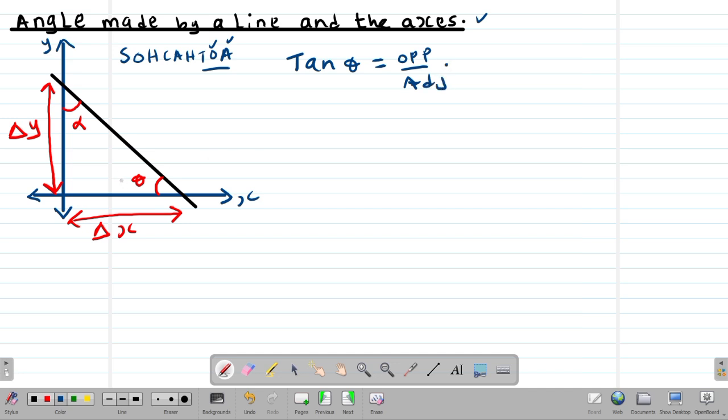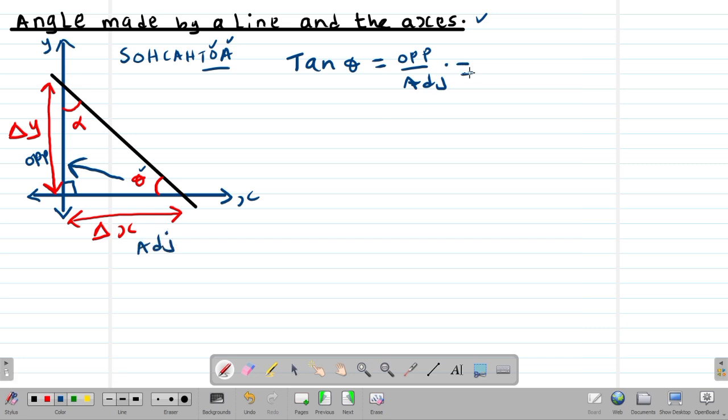So from angle theta, the opposite side is usually the side that is ahead of the required angle. So this is the opposite side. Then the adjacent side is usually the side joining the required angle to the 90 degrees. Of course, the 90 degrees will be here. Therefore, this side will be the adjacent side.